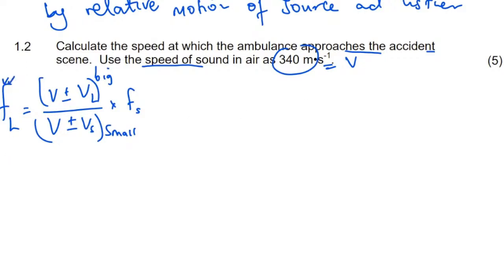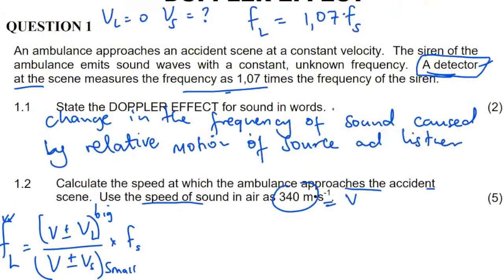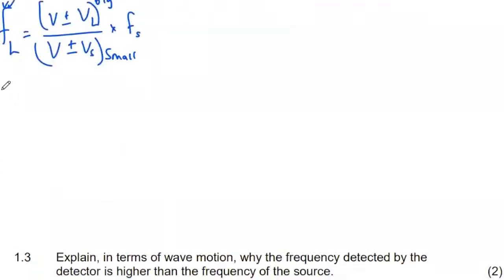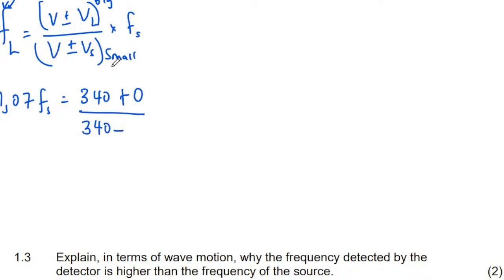From the summary, FL is 1,07. So FL is 1,07 FS, which is equal to this velocity V, which is 340, plus velocity of the listener, which is 0, over 340 minus, since this must be a small value, the velocity of the source. We are multiplying this by the frequency of the source.